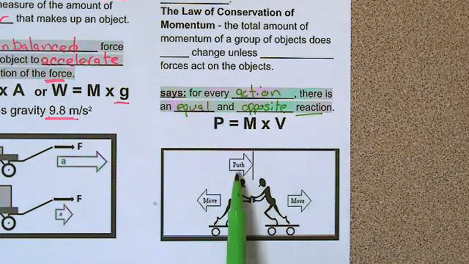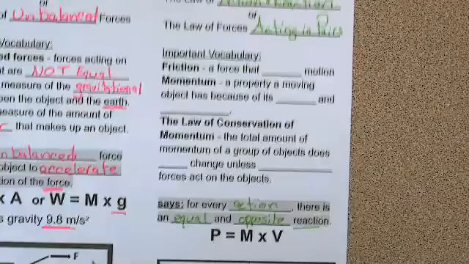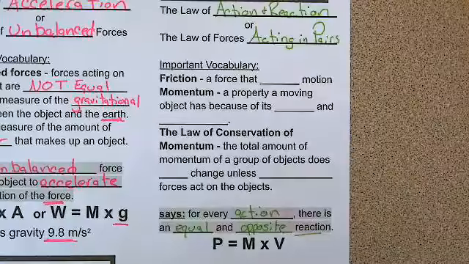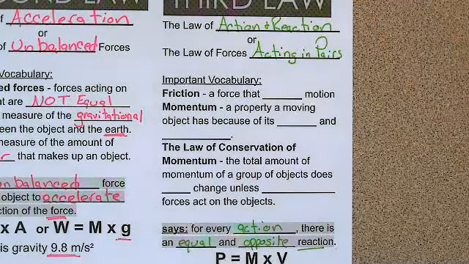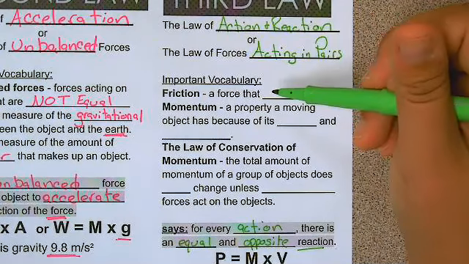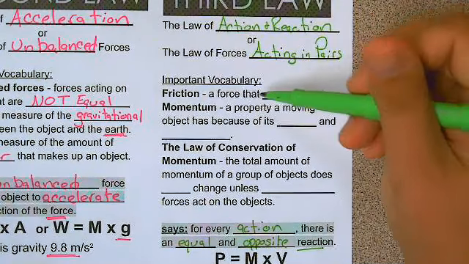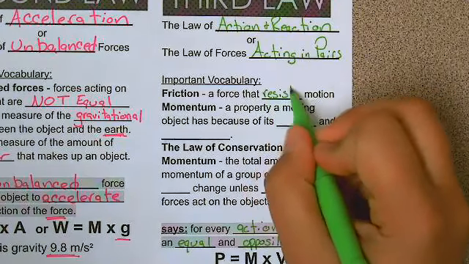So notice that the arrows are always going to be pointing away from each other when we're looking at our action-reaction force pairs. Some important things to remember about Newton's third law is that a friction force can change the motion, and friction is a force that resists motion.